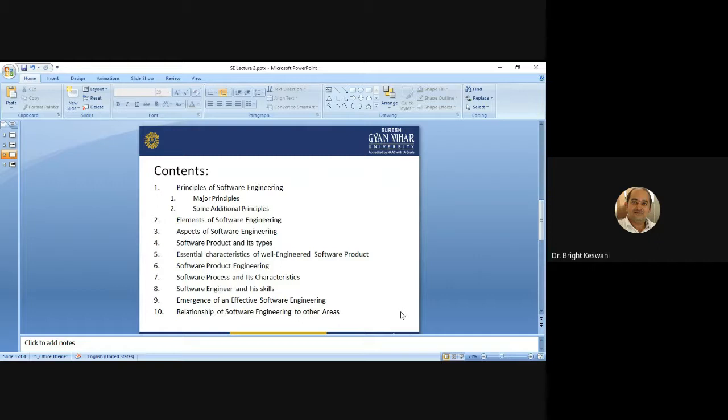When a bridge collapses, we ask, what did the engineer do wrong? Okay? When software fails, we rarely ask this. When we do, the response is, I was just following the 15 steps of this method, or my manager made me do it, or the schedule left insufficient time to do it right.